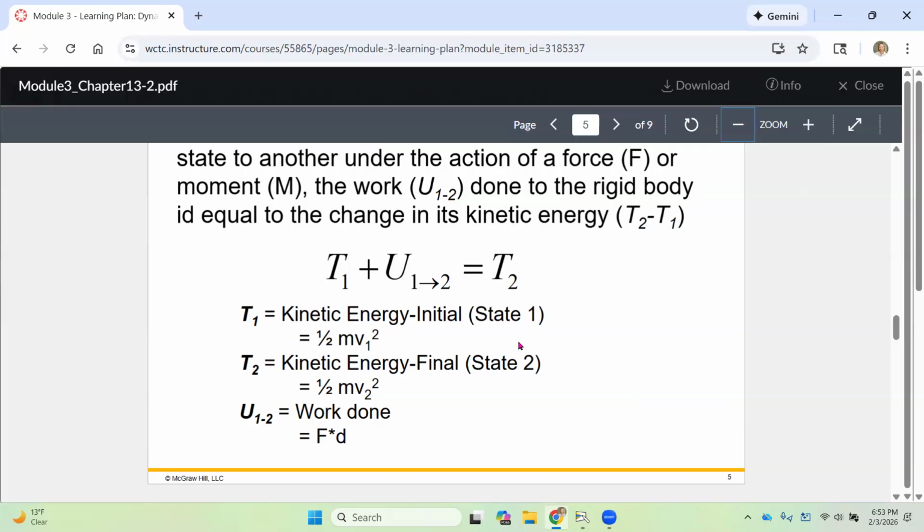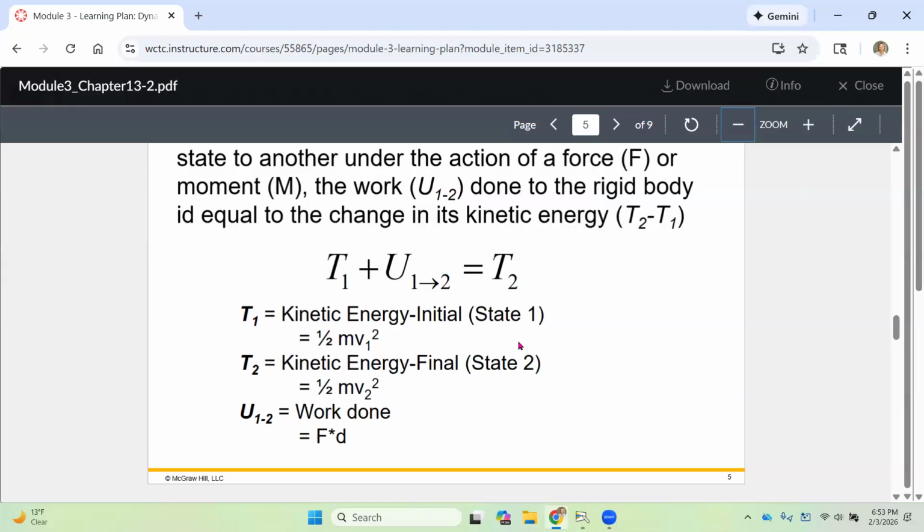But then we're going to take that plus the work that is done from that beginning to end, and they're using the variable capital U for work. Something to get used to.